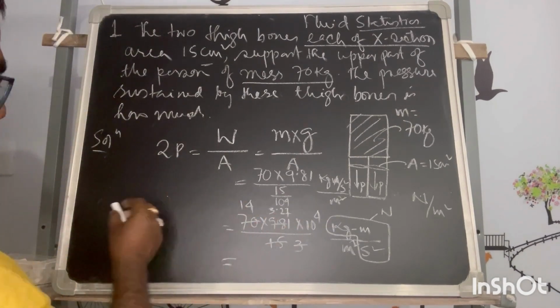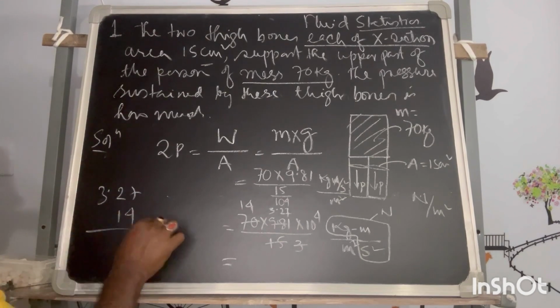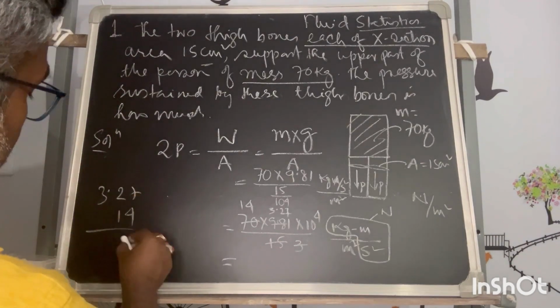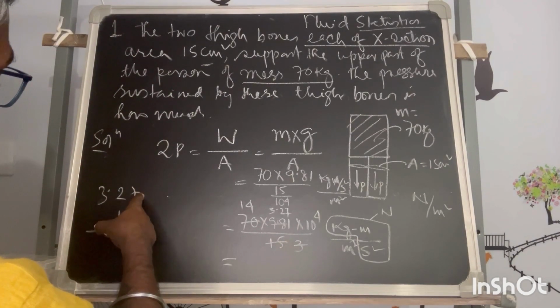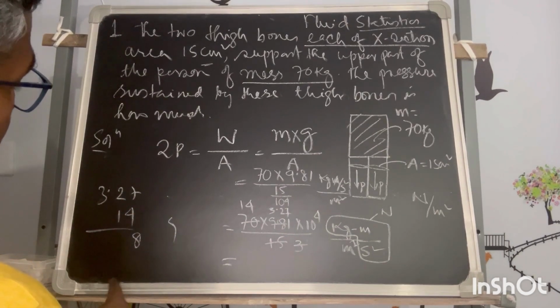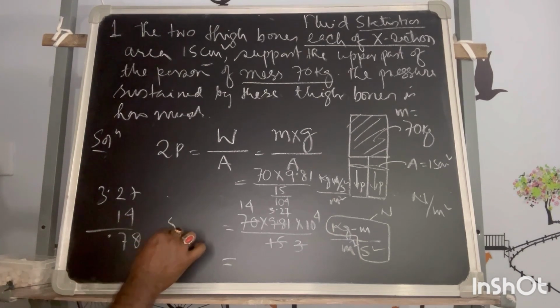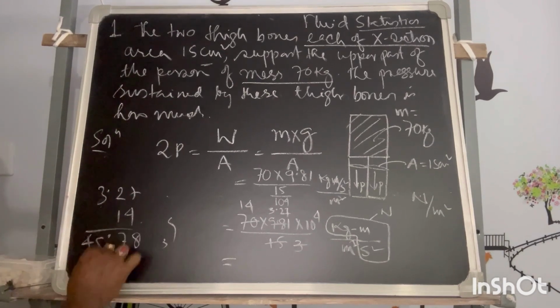Only thing is that 3.27 into 14. So that means 98, 9, 14 to the 28 plus 9, 28 plus 9, that is equal to 37, 3, 42, 345, isn't it?